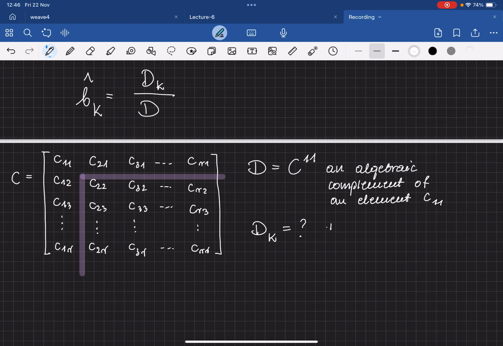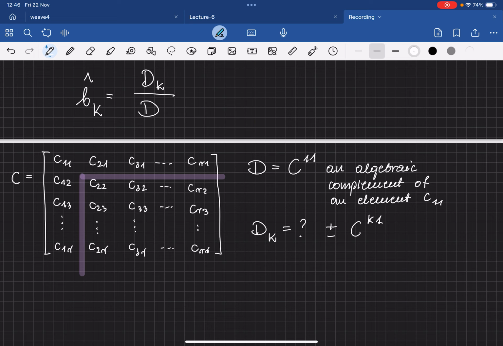So Dk is plus or minus, we will determine it in a moment, of the algebraic complement of C1k or Ck1. This is mostly the same because the matrix is symmetric. Now there is a question of what sign should be written here.